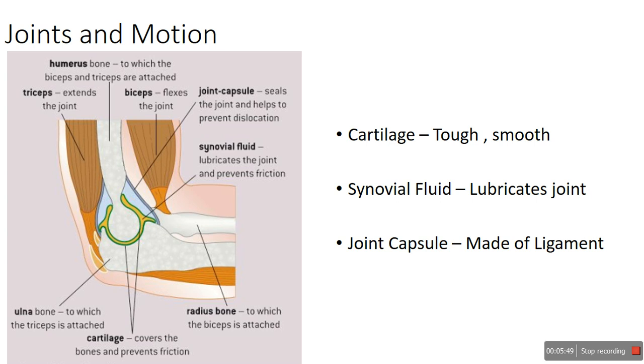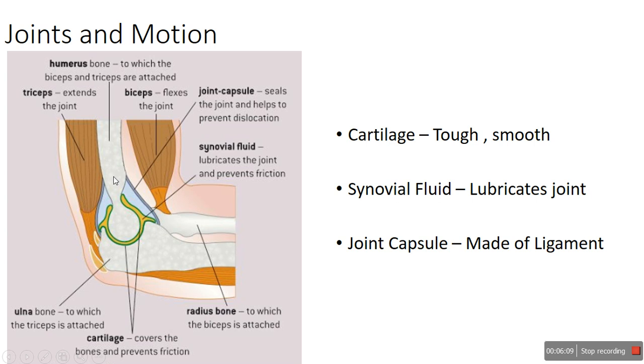All right, some very key points about joints and motion. We need to learn these and what the different parts do. What you can see here is a typical synovial joint. There are parts of it which are made of bone.